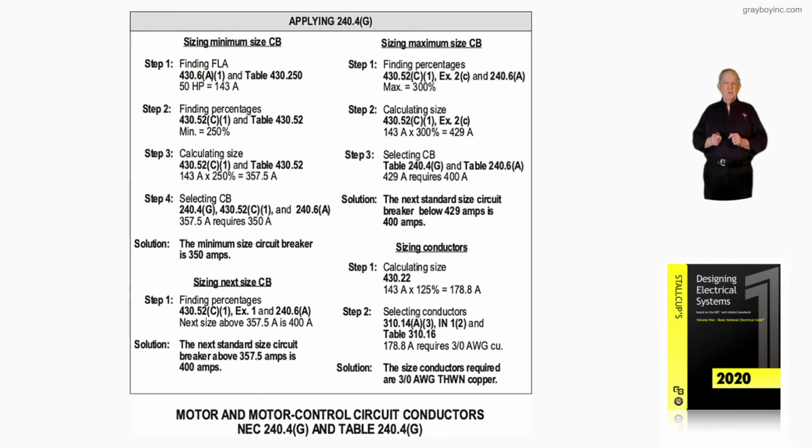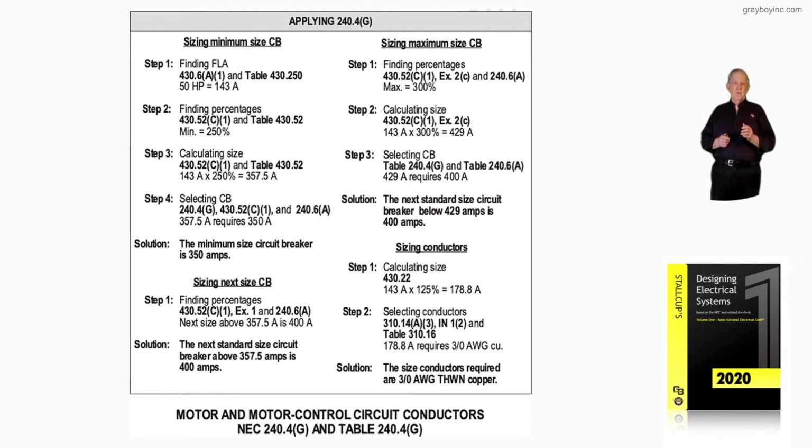Now this illustration deals with motor and motor control circuits in accordance with 240.4(G) and Table 240.4(G). Now the boxed in information to the left, let's look at sizing the overcurrent device using a circuit breaker.